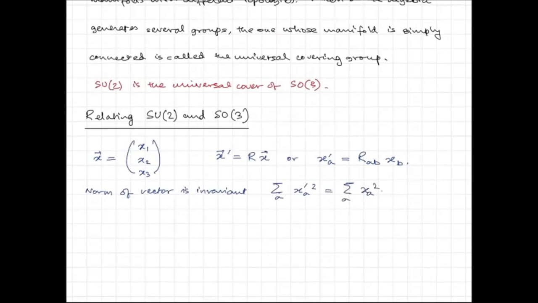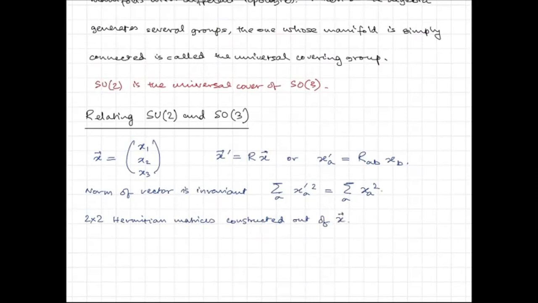Now consider 2 by 2 Hermitian matrices constructed out of x.